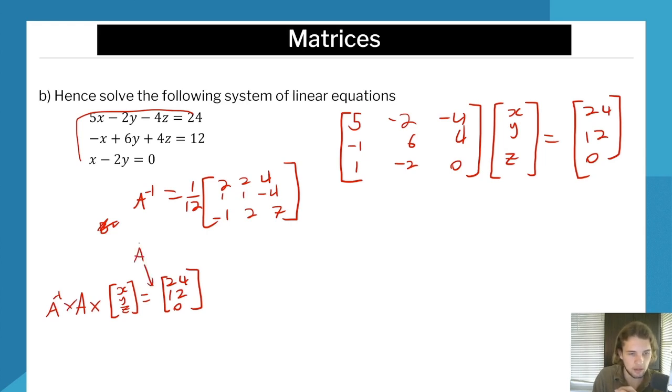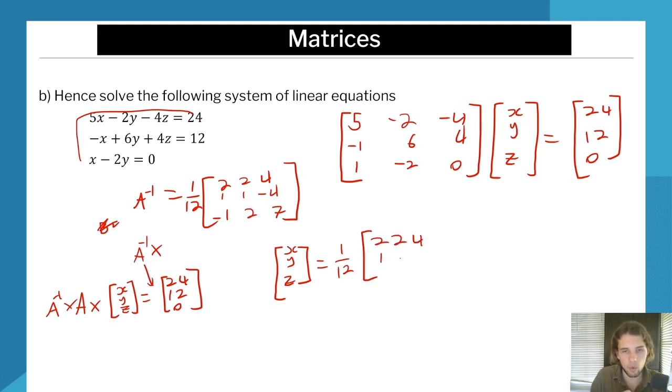So then we get x, y, z on its own. So that would be x, y, z is equal to the inverse, which is 1 over 12, 2, 2, 4, 1, 1, minus 4, minus 1, 2, 7, all multiplied by what we had on this side. So that's 24, 12, 0. Comfortably, we can look at this and see that this is 2 and this is 1.